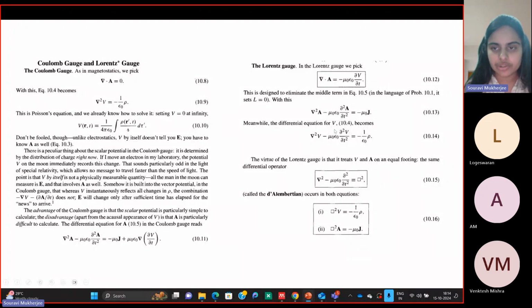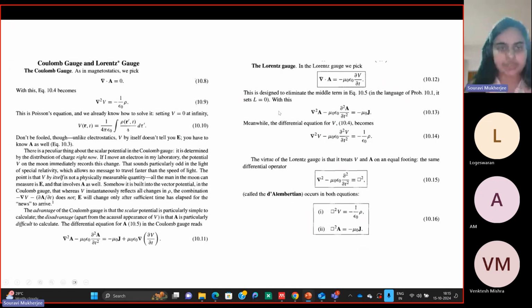So now one can choose a new differential operator, which is given as del squared minus mu naught epsilon naught del squared del t squared, which we call the d'Alembertian operator. And if you do that, this is the simplified version of the expressions that we get. So this is what we get from the Lorentz gauge.